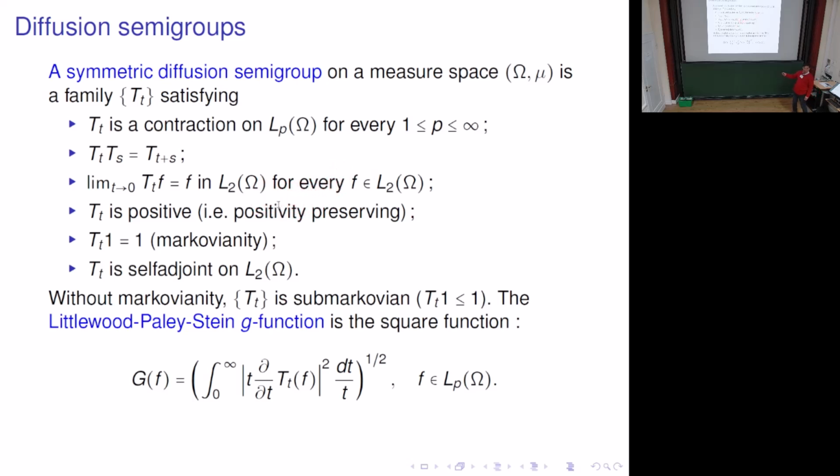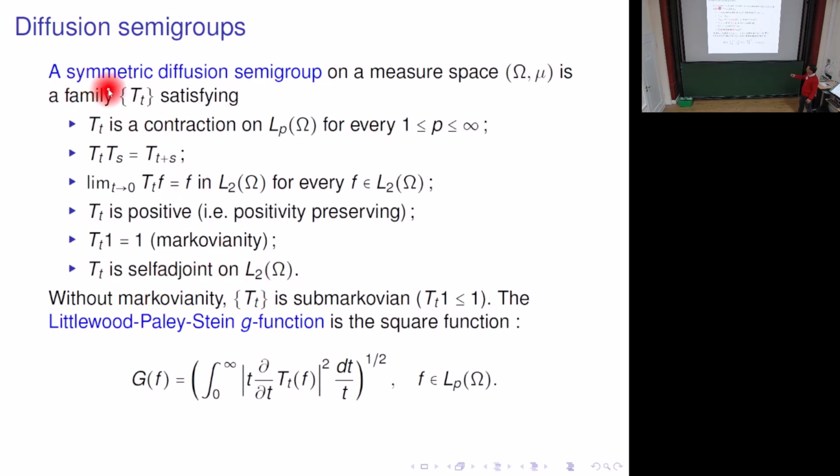But in analysis, many semigroups don't satisfy this condition. Some semigroups act on L^p just for a single p strictly between 1 and infinity. Also, two other conditions are crucial in Stein's theory: Markovianity and symmetry.